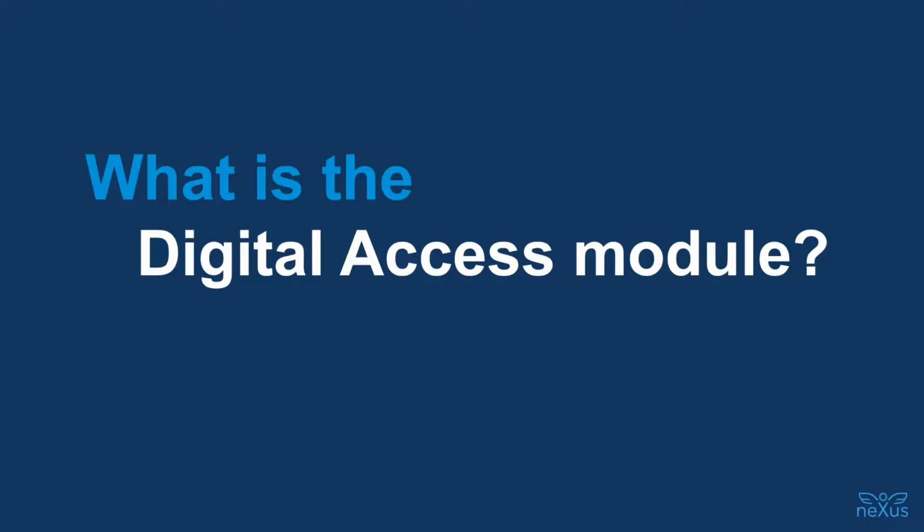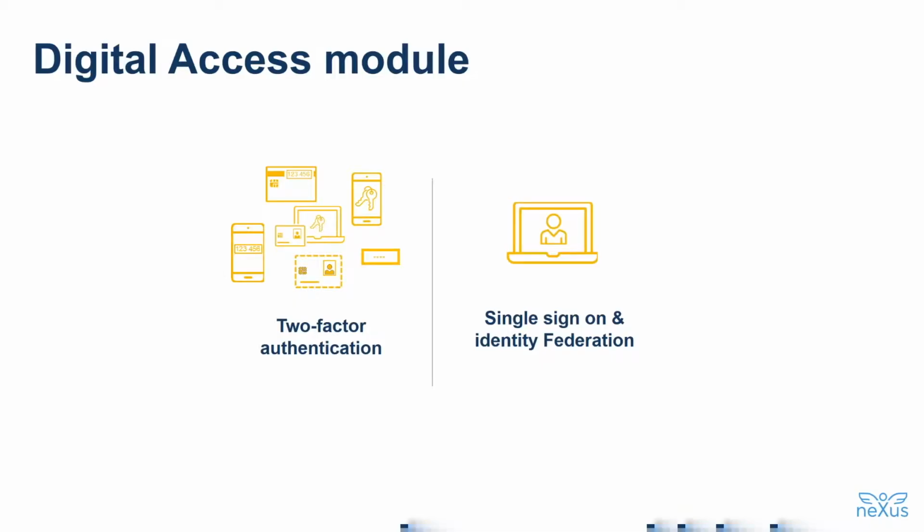Okay, so I will continue now to describe a little bit on what's in the digital access module. If you simplify, we can do a lot with the digital access module, but we can pick out two major features. One is authentication, and preferably strong authentication. We have lots of different methods, a broad set of two-factor authentication methods.